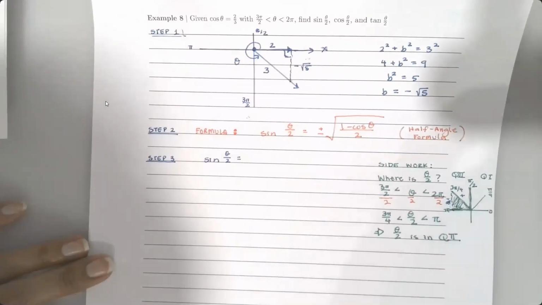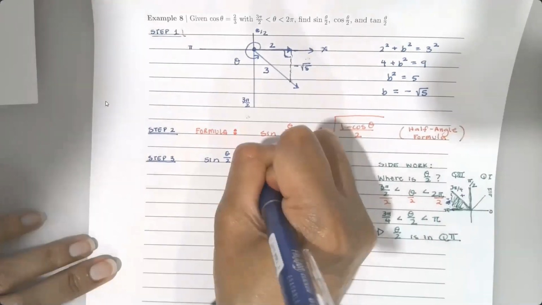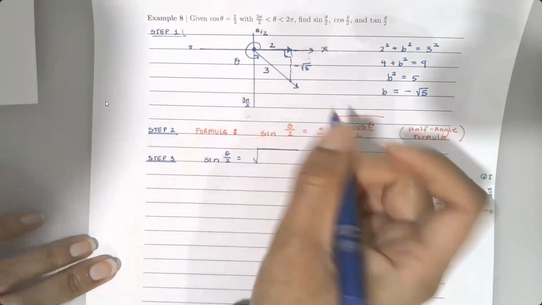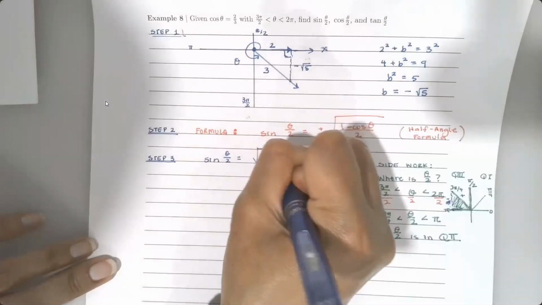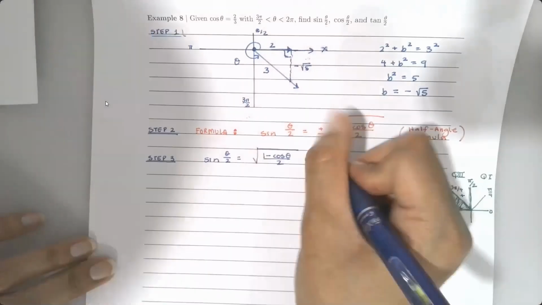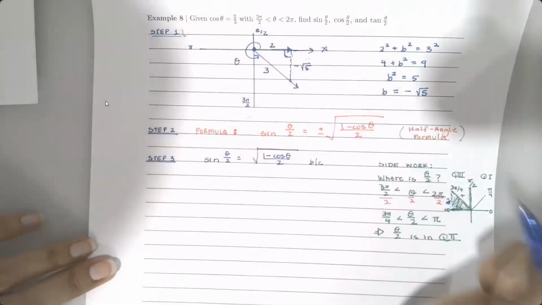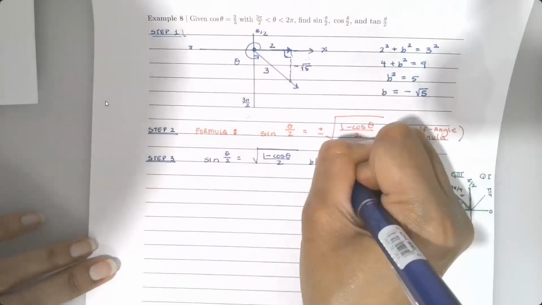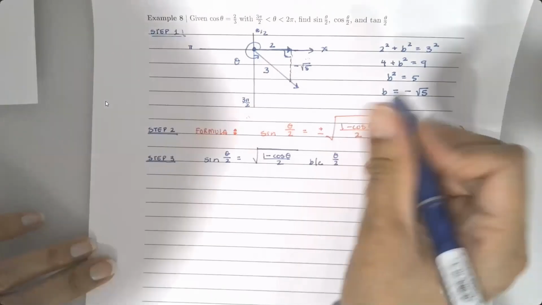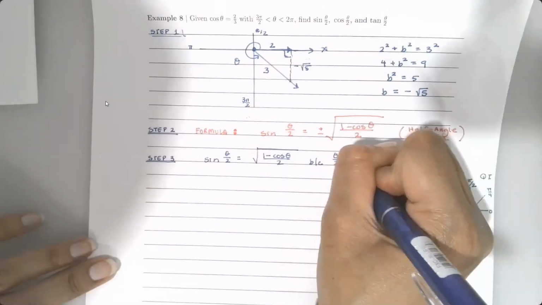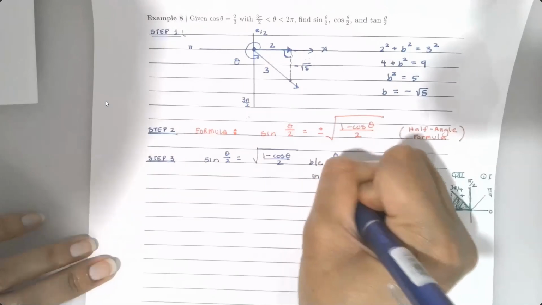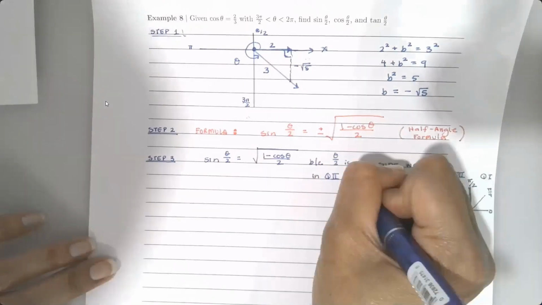So this is going to be positive square root of 1 minus cosine theta all over 2. And then I'll write here, because theta over 2 is in quadrant 2, and sine is positive in quadrant 2.